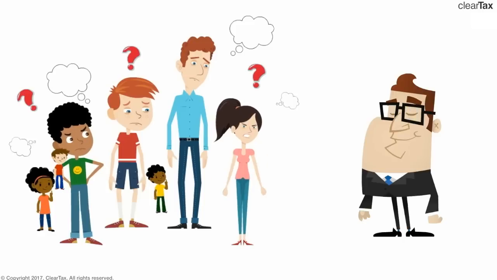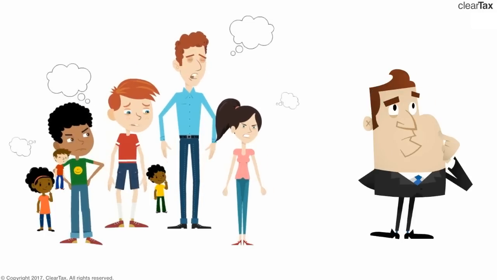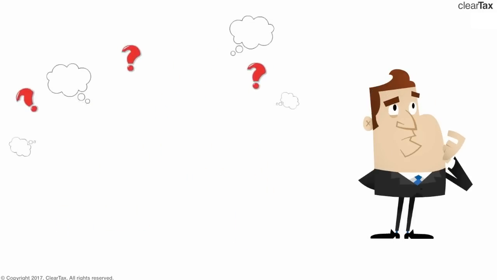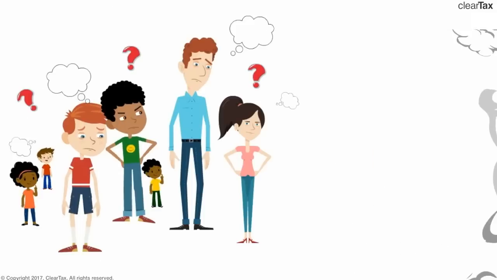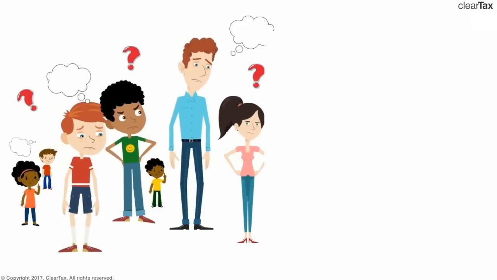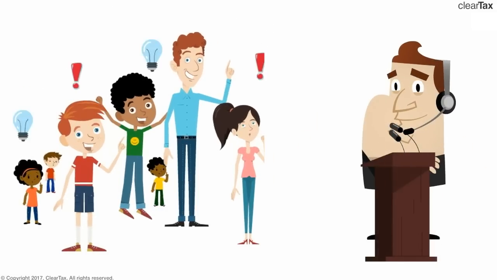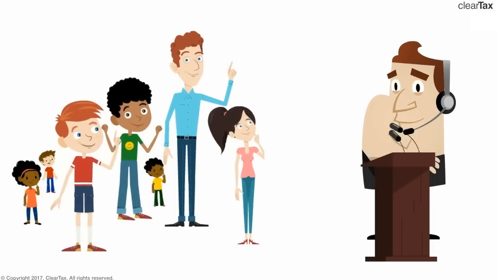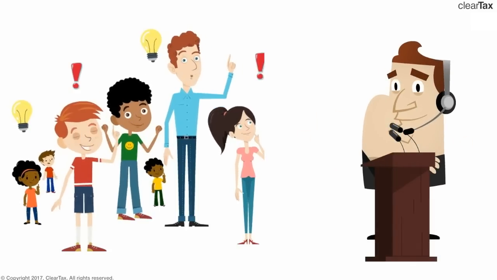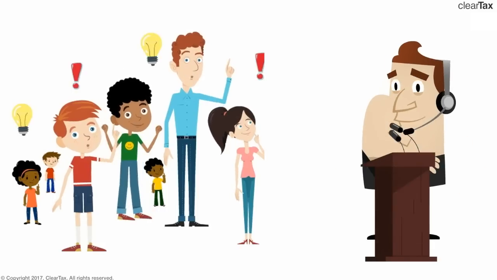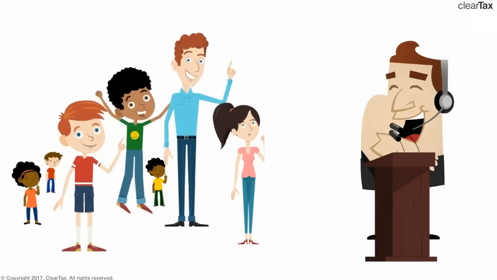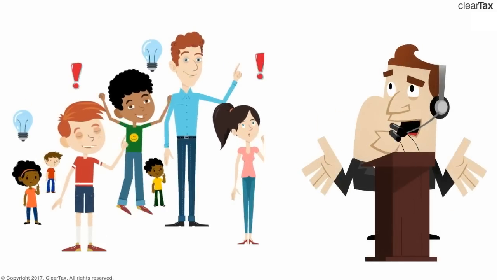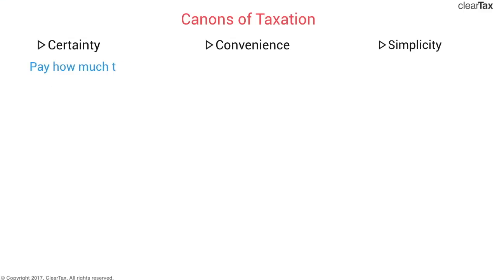The government notices their confusion but chooses to ignore it and not respond. This definitely is a very bad tax structure. An ideal tax system would be where the government brings in certainty of tax payments and procedures to the entire country, that everybody is clear on how much tax they will have to pay, at what point, and how.